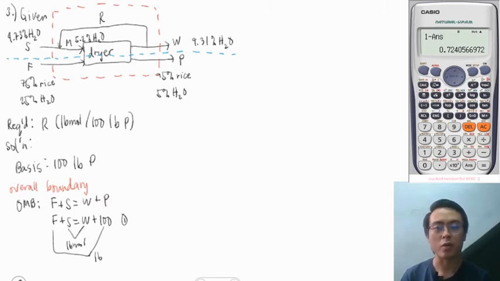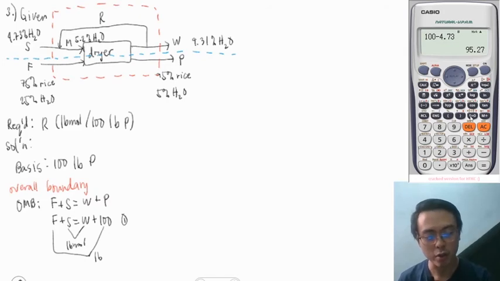The same thing goes with stream S and stream W. For stream S, it says that you have 4.73% water. So what's the balance of that? 100 minus 4.73, 95.27%. We do not know what it is, but we are going to call it inert gas.